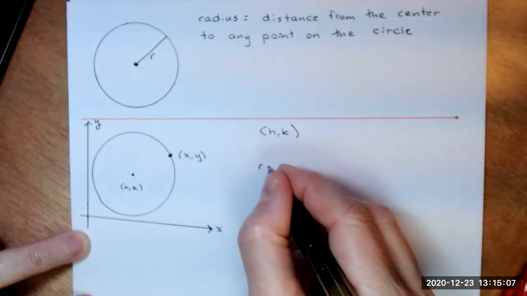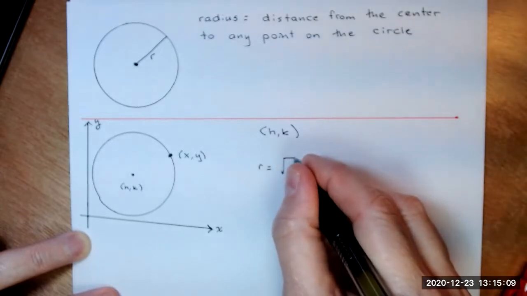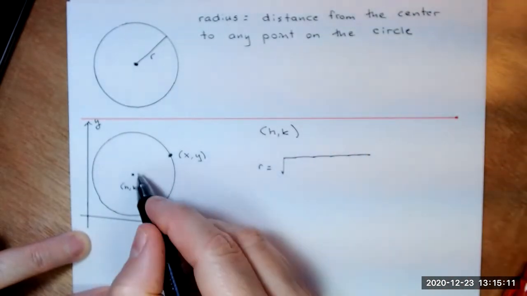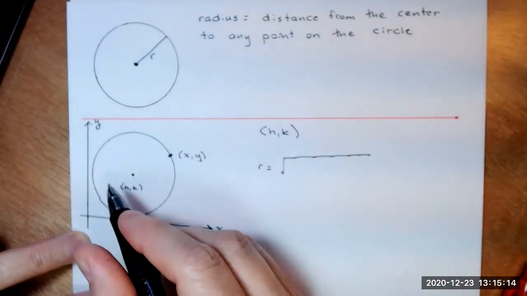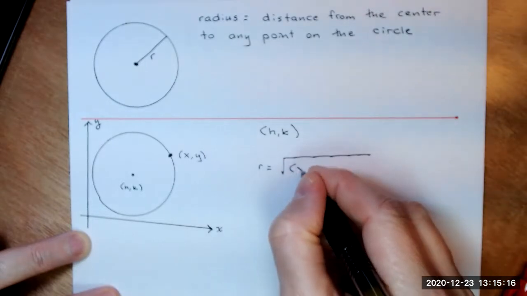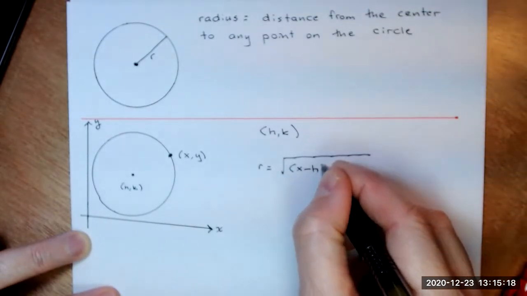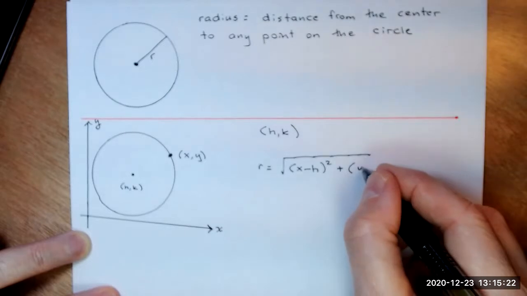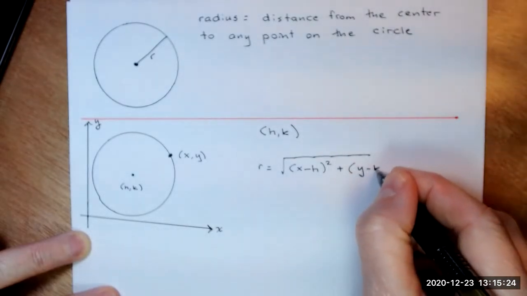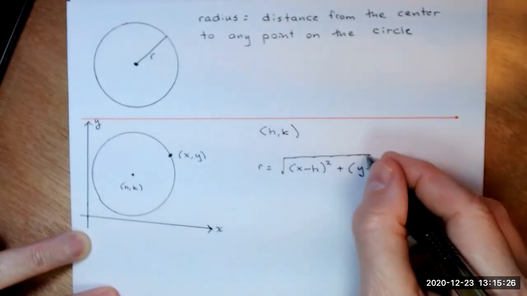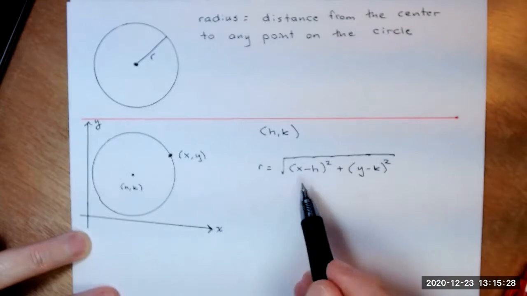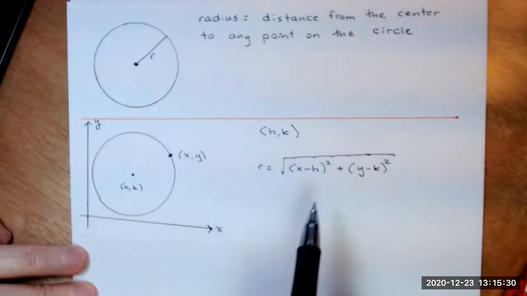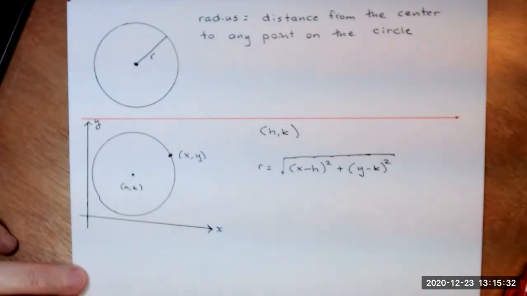So the radius is just the principal square root of the distance between the x values squared and the distance between the y values squared. So this is just the distance formula that we had before.